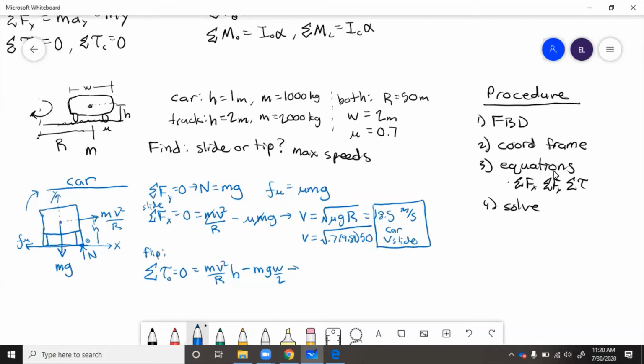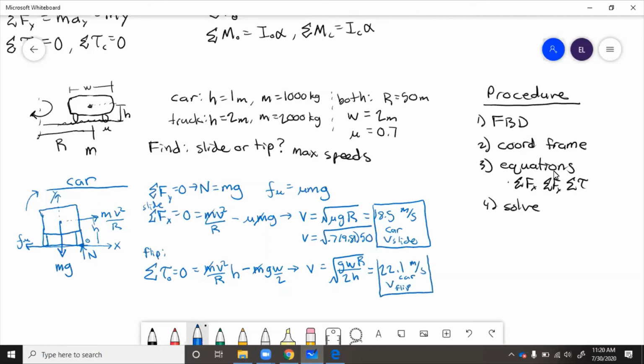So then here we cancel the m's, and then we can get V equals square root of gWR over 2H, which equals 22.1 meters per second. So this is for the car, velocity of flip.